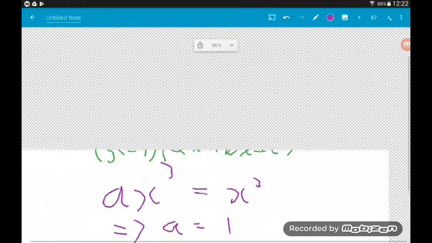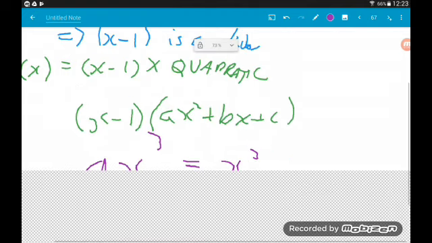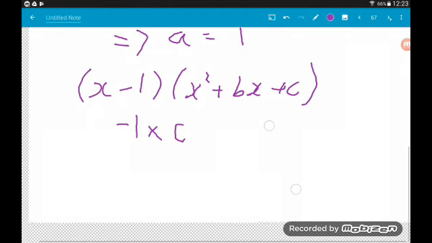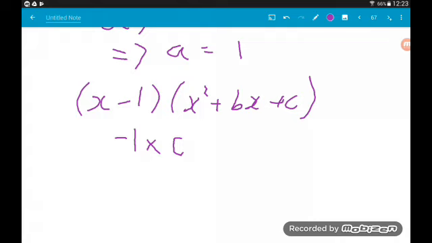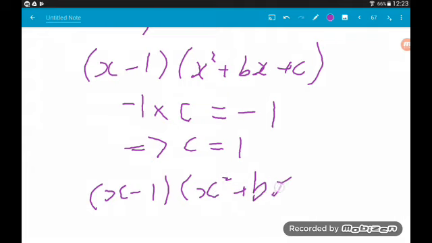In the original function, we had a minus 1 as our constant term. So we know minus 1 times c has to be minus 1. Therefore, c equals positive 1. So we've now got x minus 1 times x squared plus bx plus 1.